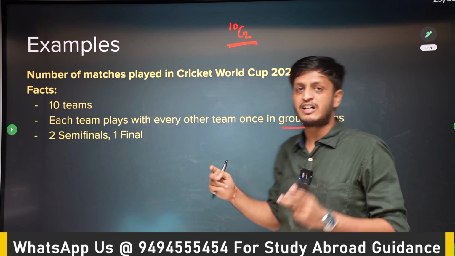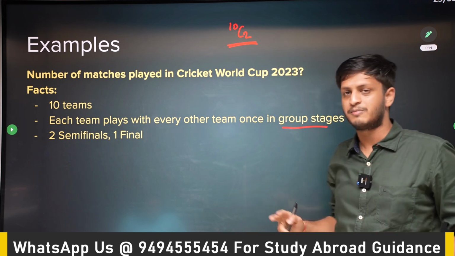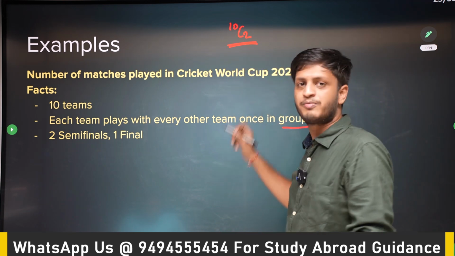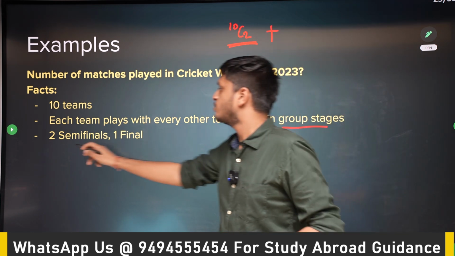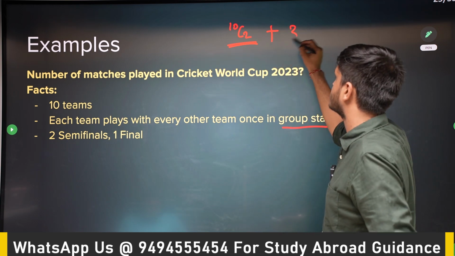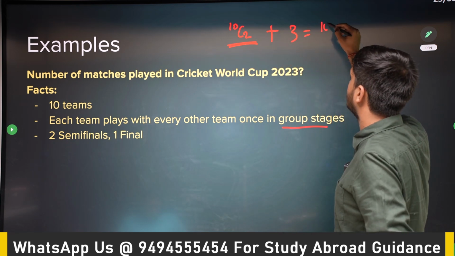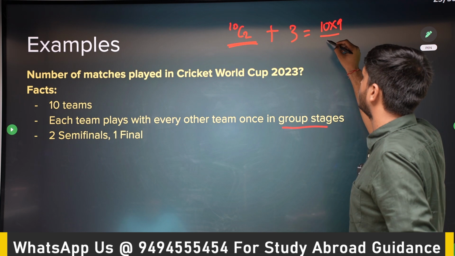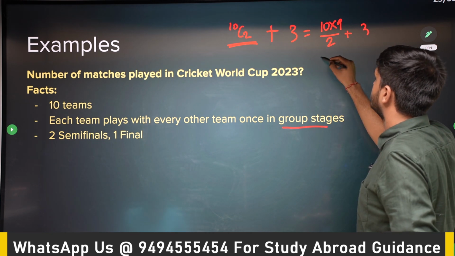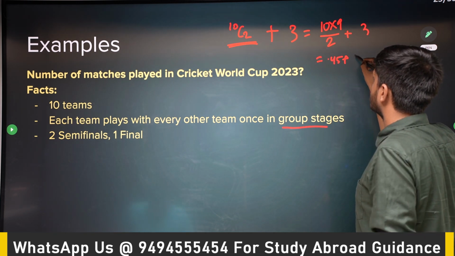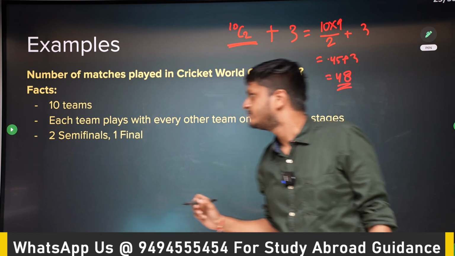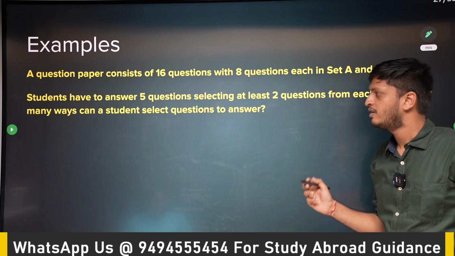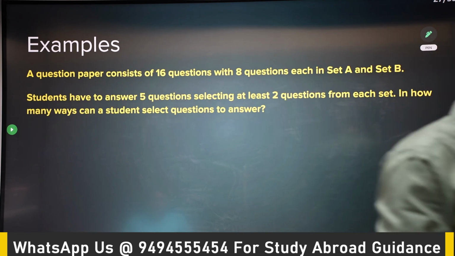This is the number of different pairings of teams possible, so this is the number of matches in the group stage, plus we have 2 semi-finals and a final, so 3 more matches. 10C2 is 10 into 9 upon 2 factorial, plus 3, which is 45 plus 3, so 48 matches will be played. Cool, so here we have the next problem.